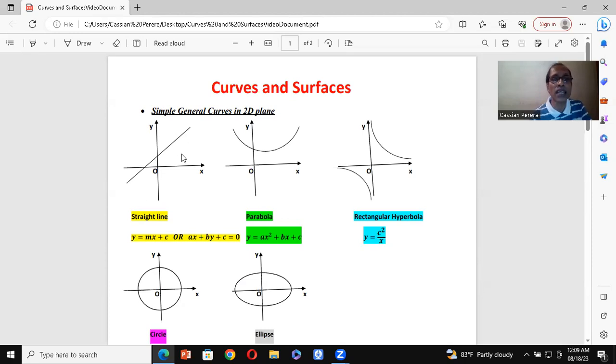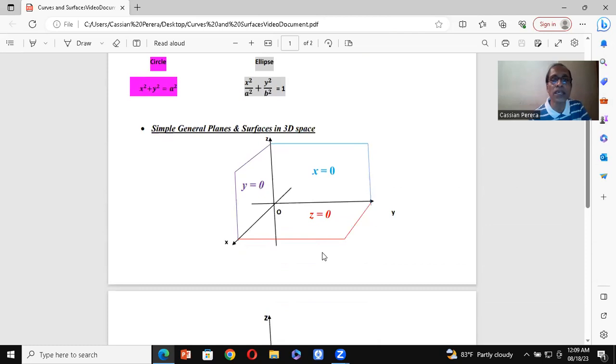Then y equals 1, y equals 2, which are parallel to the x-axis. Now 3D space is somewhat different. If you have x equals 1, it doesn't mean a line. x equals 1 means some sort of plane.